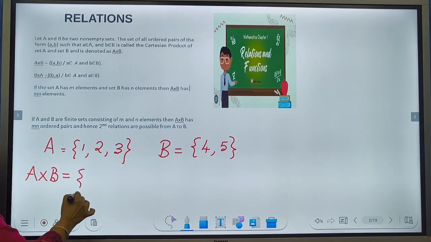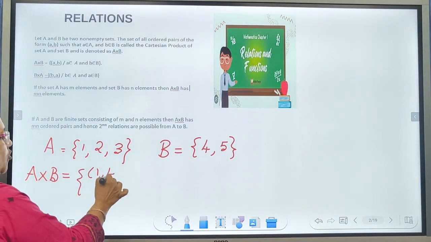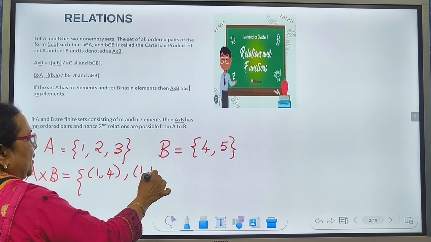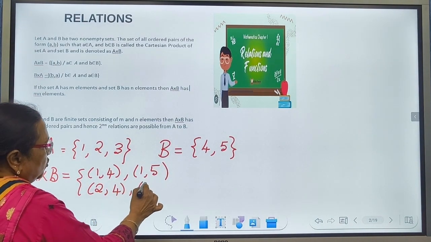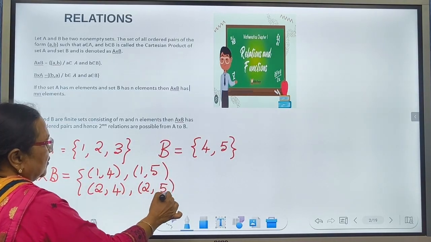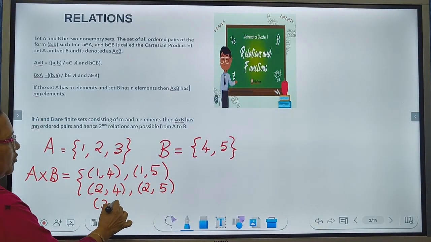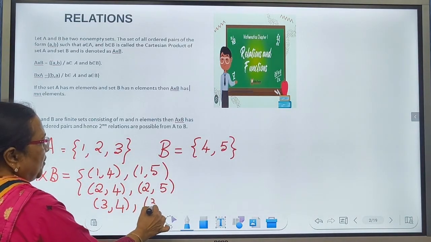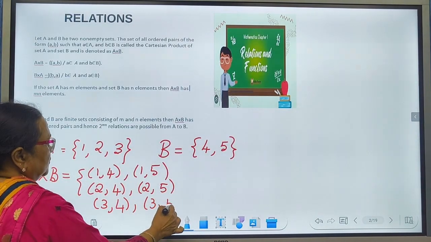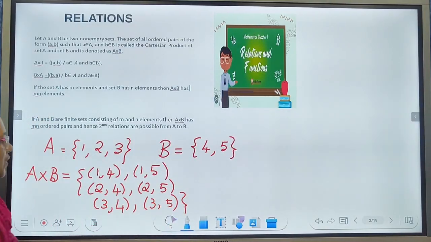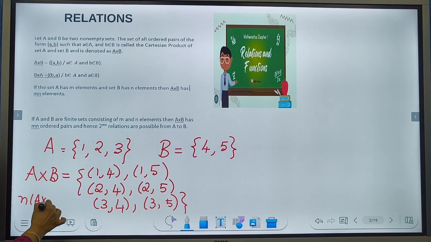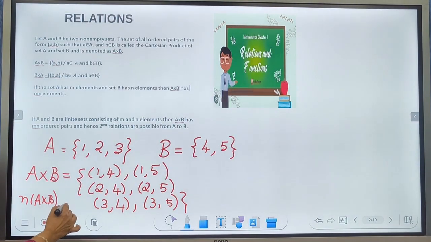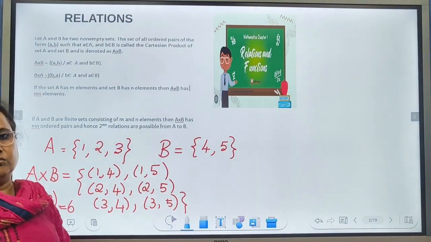A cross B will be (1, 4), (1, 5), (2, 4), (2, 5), (3, 4), (3, 5). So what is n of A cross B? n of A cross B will be 6 elements, which is 3 into 2.